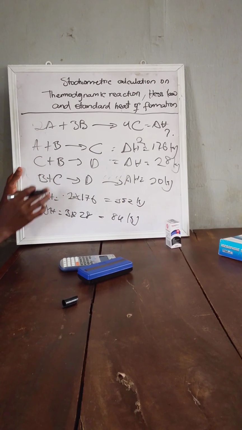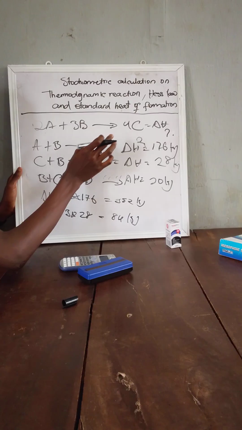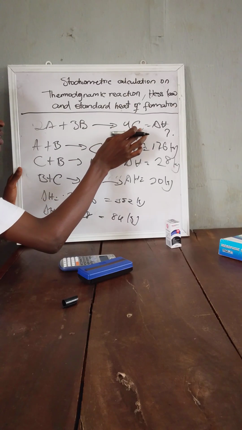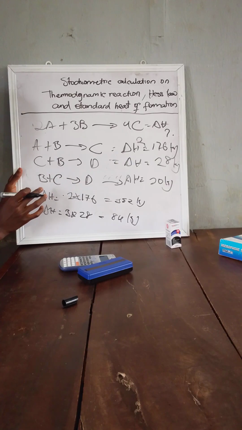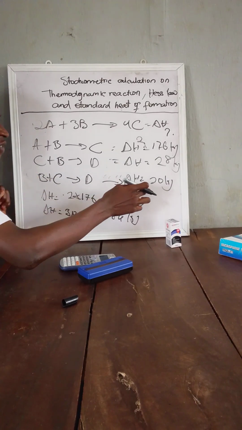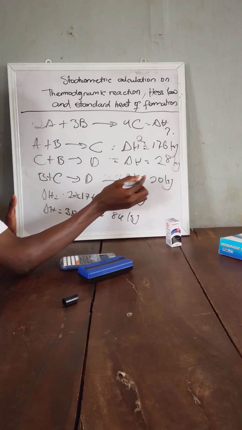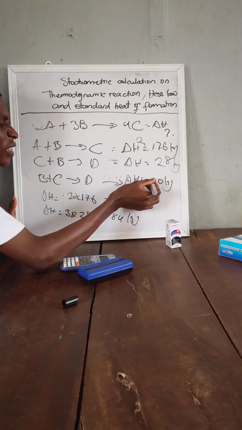For the last one, if you check, my C is at the product side. But in this particular reaction, my C is at the reactant side. So automatically, I'm going to reverse this particular reaction so that my delta H is going to have a negative.